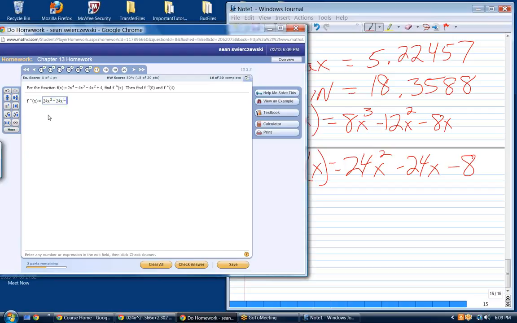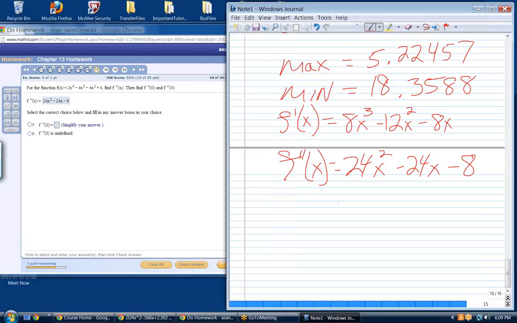And same with third and fourth derivatives. So what's f double prime of 0? You plug in 0 for x? Wouldn't it just be negative 8?